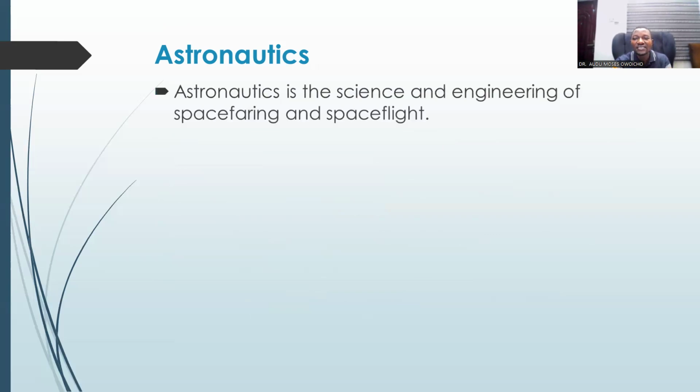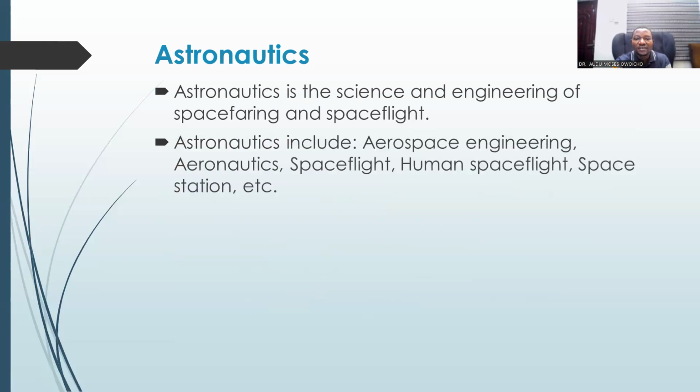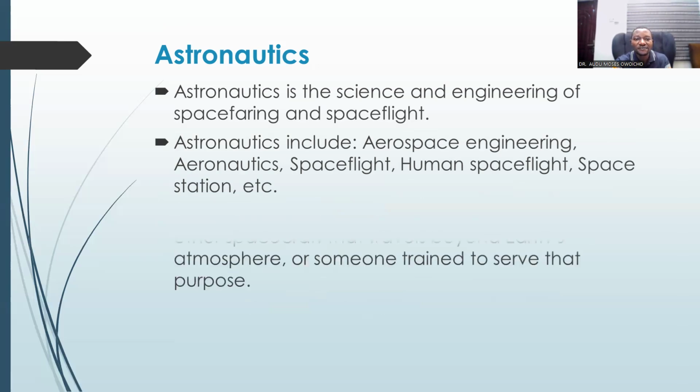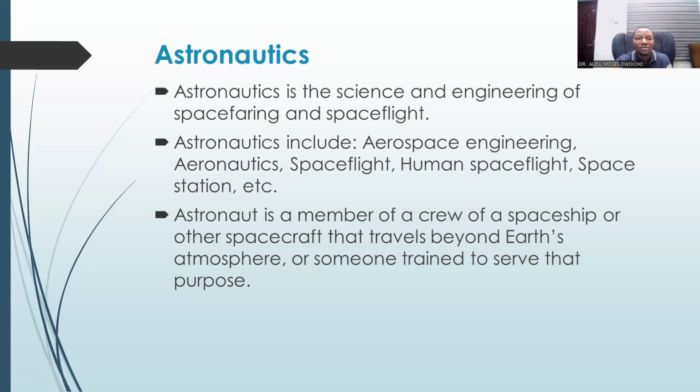Astronautics is the science and engineering of spacefaring and space flight. It includes space aeroengineering, aeronautics, space flight, human space flight, space station, and many others. Those that go into space specialize in astronautics.